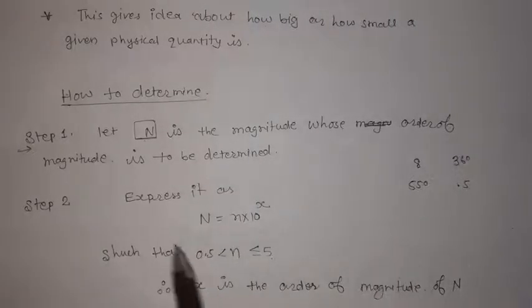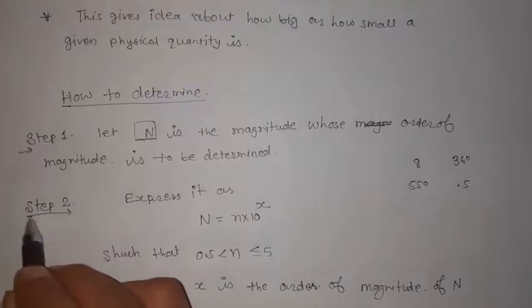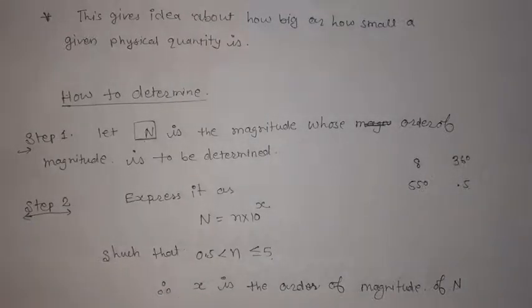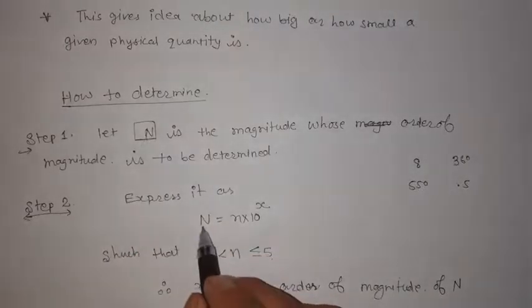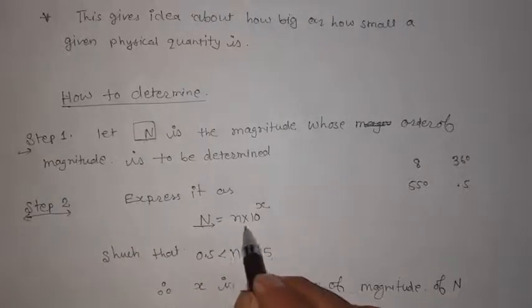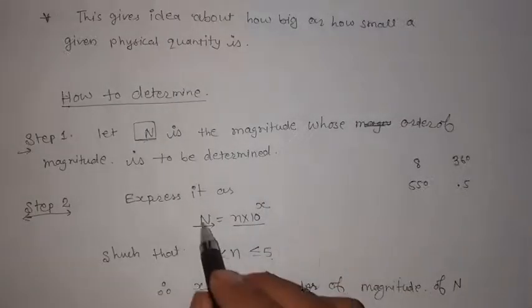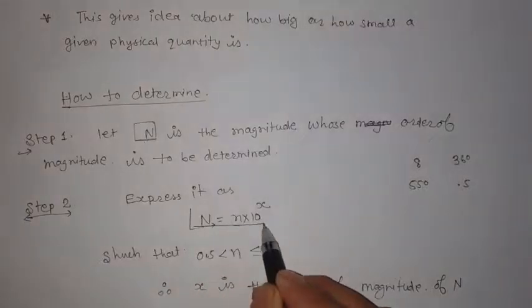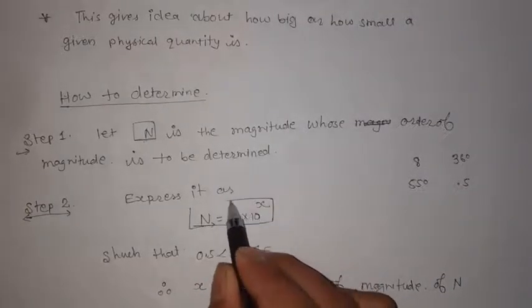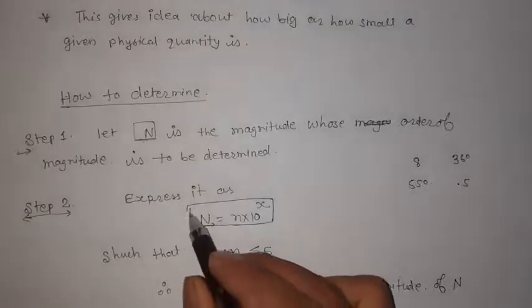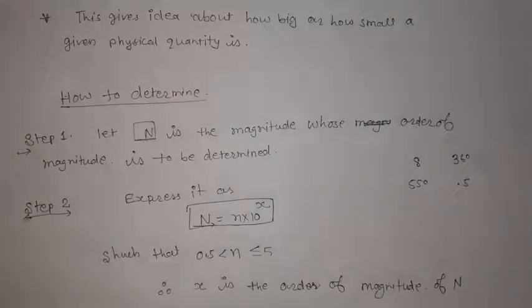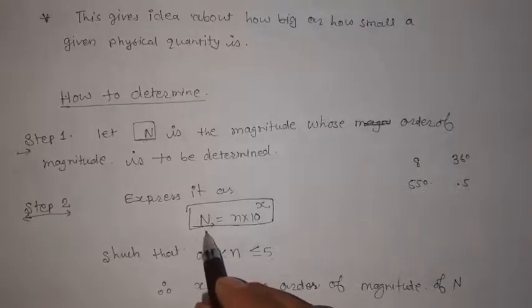Now, students, in the second step, let us look at how we can determine it. You have to express this magnitude in the form n into 10 to the power x. The magnitude whose order you want to determine: order means the 10 power which is nearest to this magnitude.